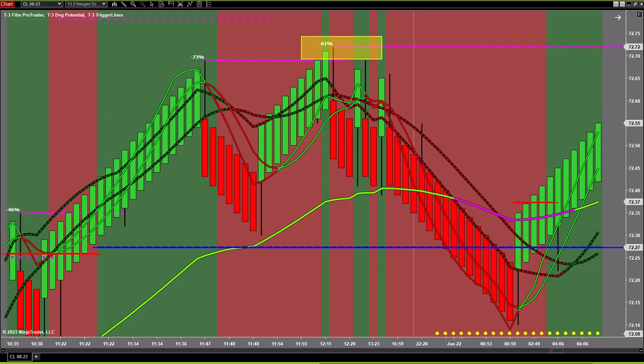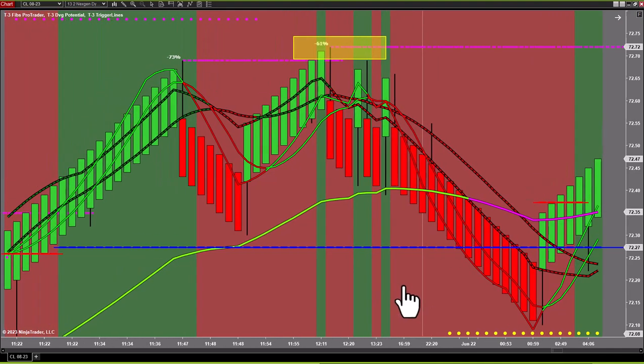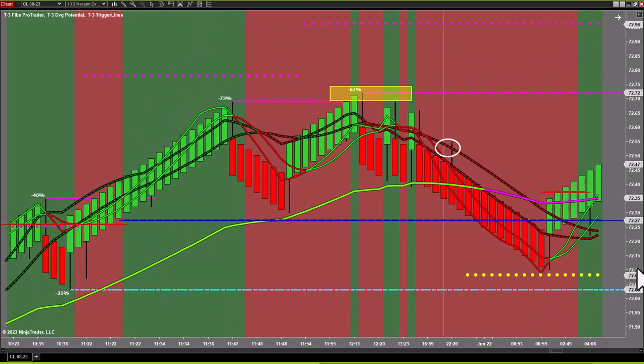What happened next? Well, is there a short trade that you could have taken where both triggers are strong and you get a pullback? I'll draw a circle. Would everybody agree or disagree? Cool? All right. Now, let's go forward.